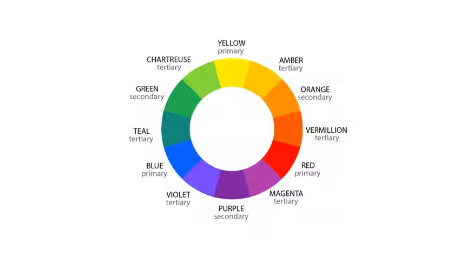Okay? So green and red have strong contrast because they're across from each other on the color wheel. Yellow and purple have strong contrast. Blue and orange have strong contrast. This is how you can use the color wheel in the context of creating effective data visualizations.